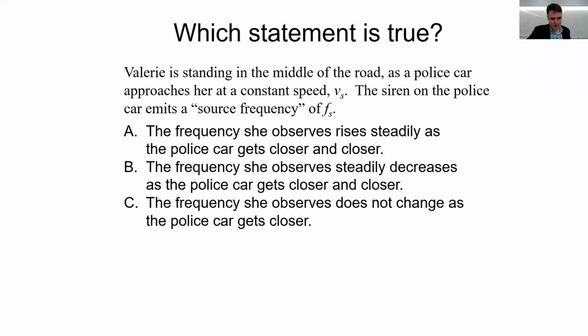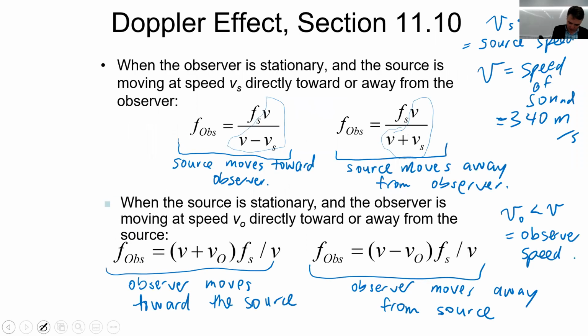Okay, so yeah, this is a common misconception. So no. Remember, there's no distance in this equation, right? All that's happening here is that there's been a change in the frequency and it's steady. Unless, I guess, the police car was accelerating as it's coming towards you, then the frequency would rise. But also if the police car saw you and was slowing down, then the frequency would be steadily decreasing, right?